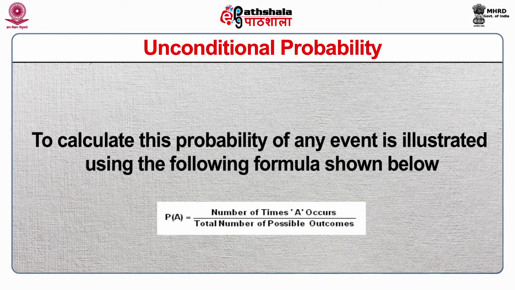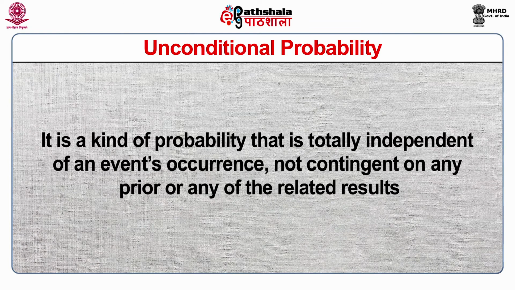Now it says the formula is the number of times A occurs divided by the total number of possible outcomes. It is a kind of probability that is totally independent of an event's occurrence, not contingent on any prior or any of the related results.